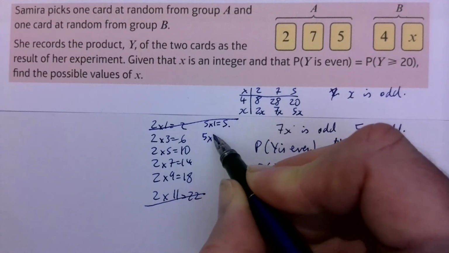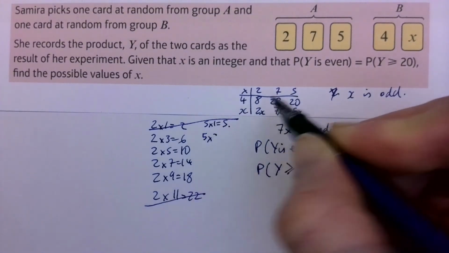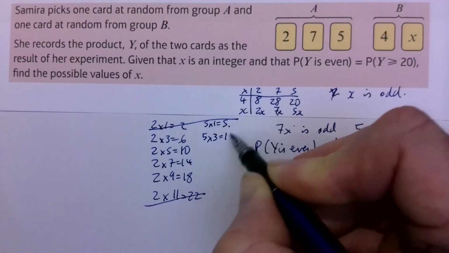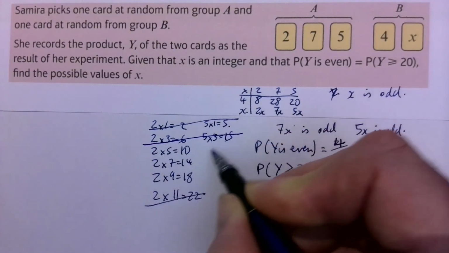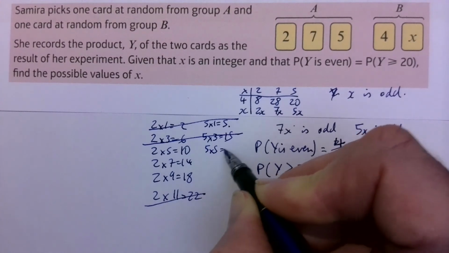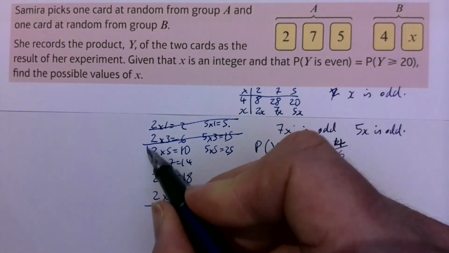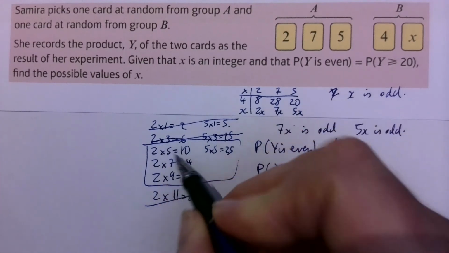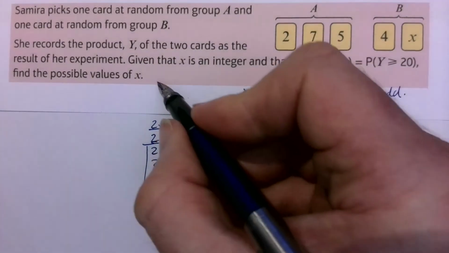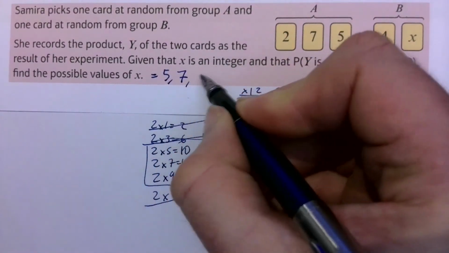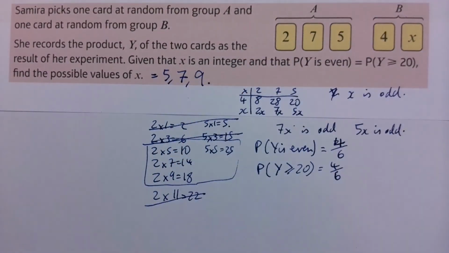I'm only considering 5 because it's smaller than 7, so as long as we sort the 5s out, the others will be okay. 5 times 3 is 15, that's too small. 5 times 5 is 25, that's okay. So 5, 7 and 9 are going to work. So the possible values of x are 5, 7 and 9.